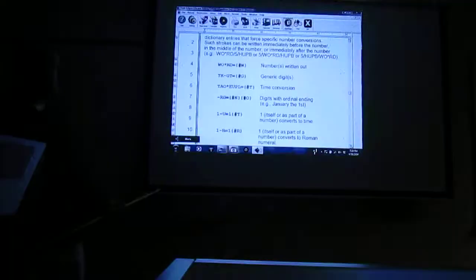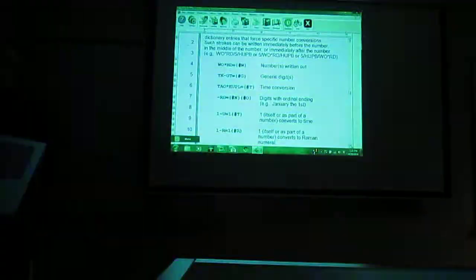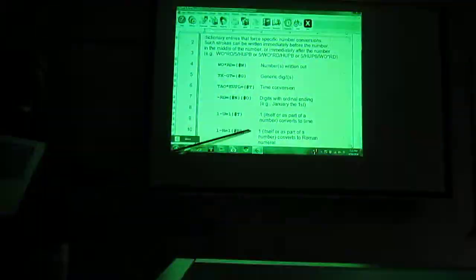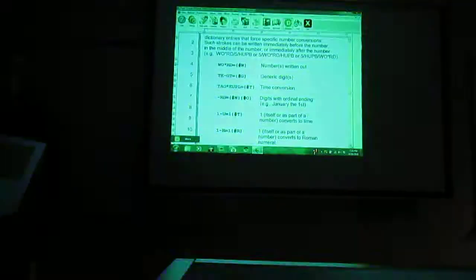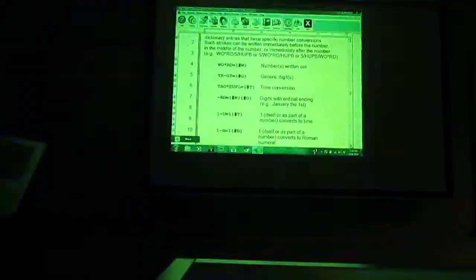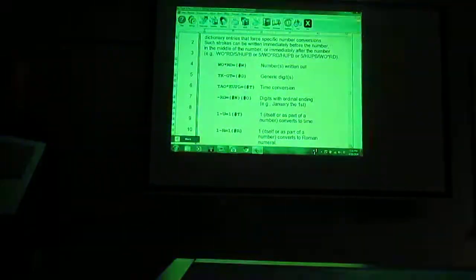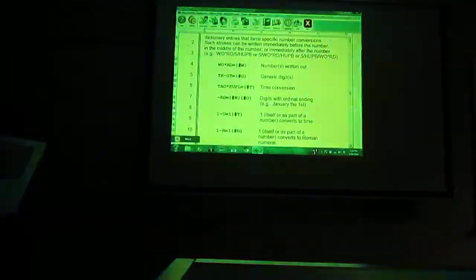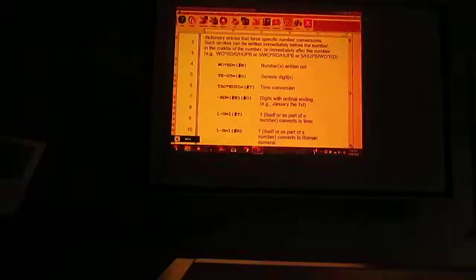I've never used that as time. I guess that's what they're trying to define, that 1U, 2U, 3U means 1 o'clock, 1 in time, 2 in time, 3 in time. That makes sense?